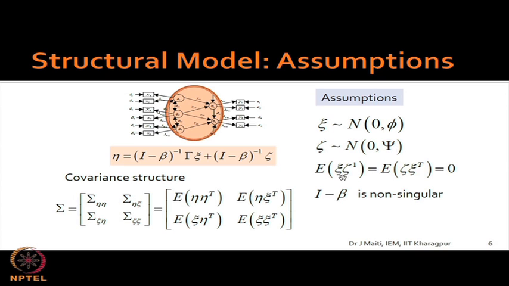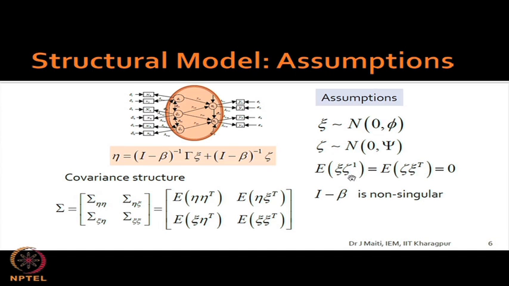And the latent exogenous variables are uncorrelated with the error terms related to eta. And another important issue, if you see this equation, eta equal to (I minus beta) inverse, that means this inverse must exist, otherwise this equation is not a real one.